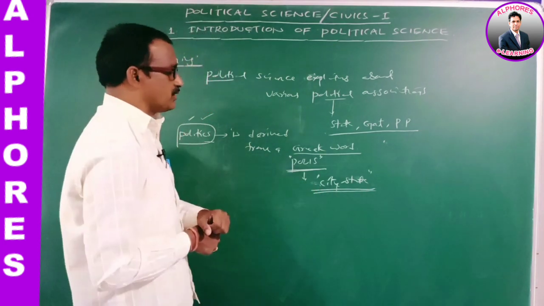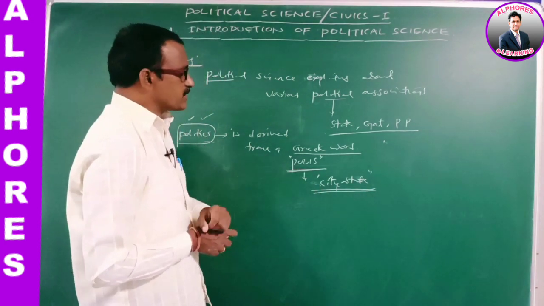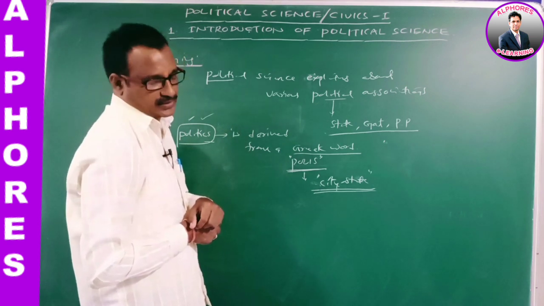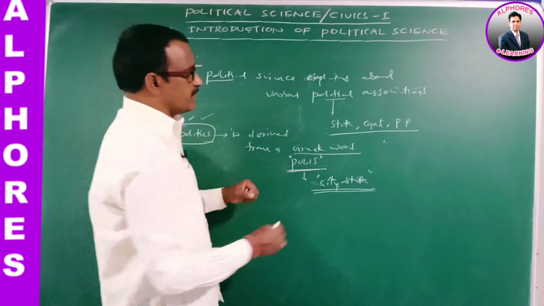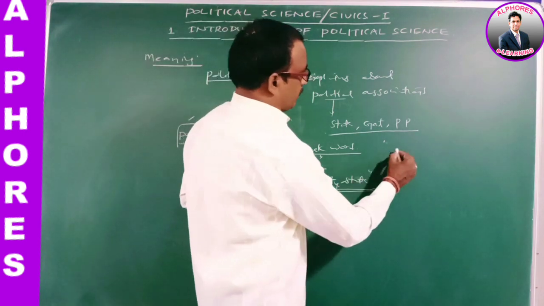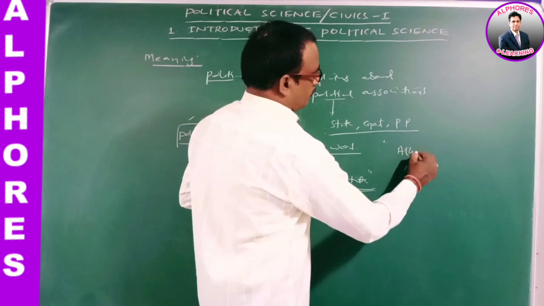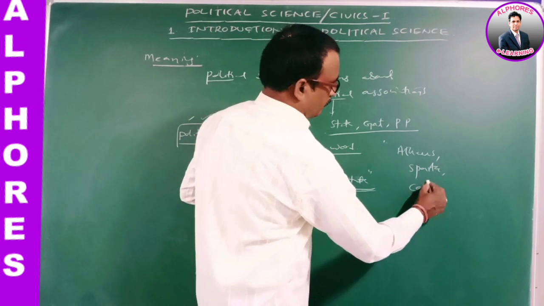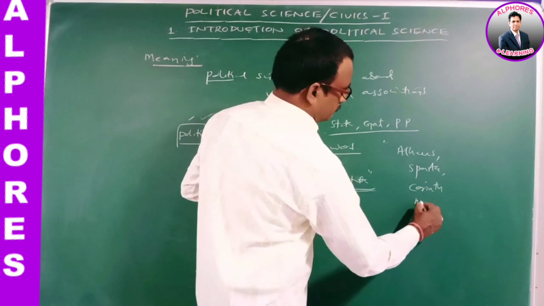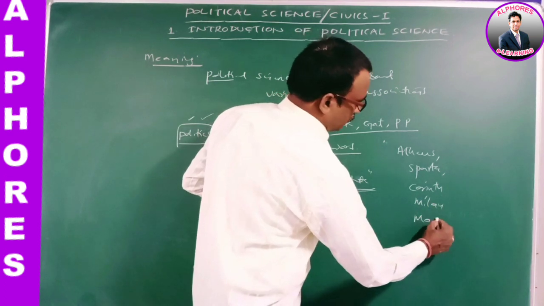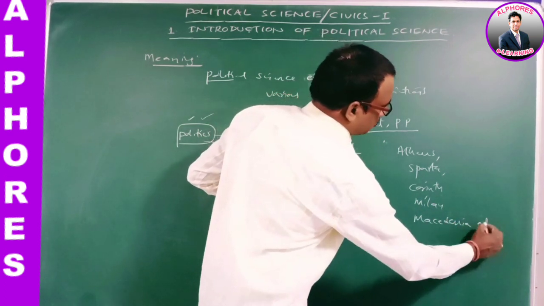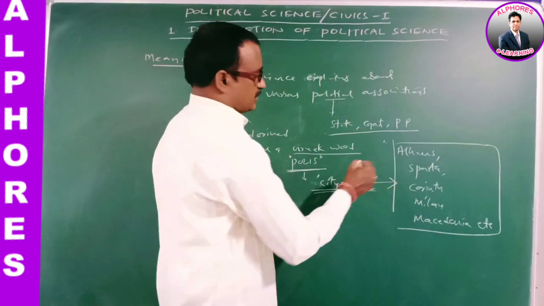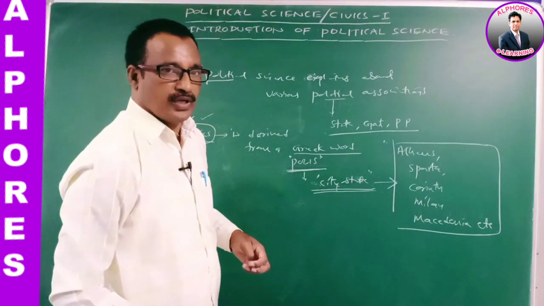So what are the important city states? These city states were existed during the period of Aristotle in Greece. So many city states are there. Example: Athens, Sparta, Corinth, Milan, Macedonia, etc. These are important city states which were existed during the period of Aristotle.